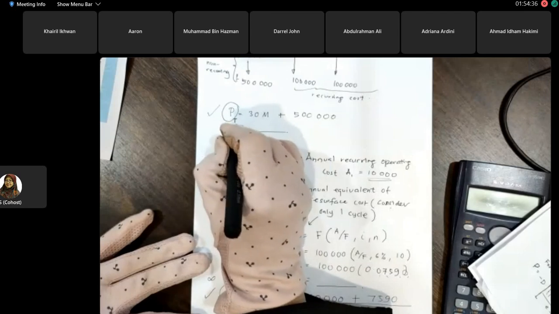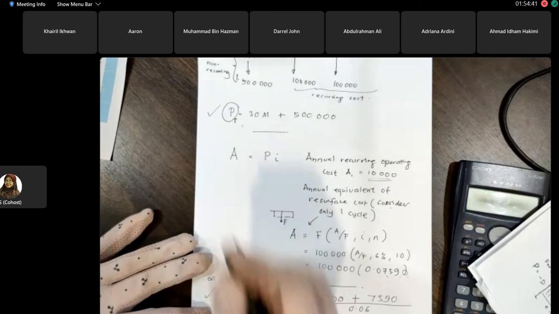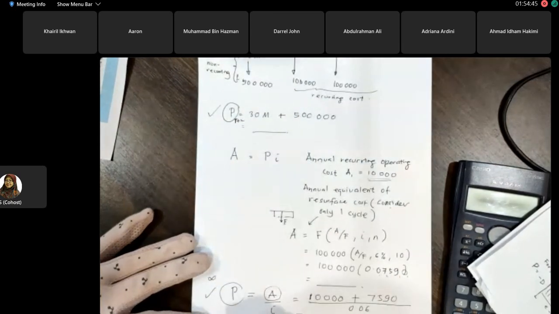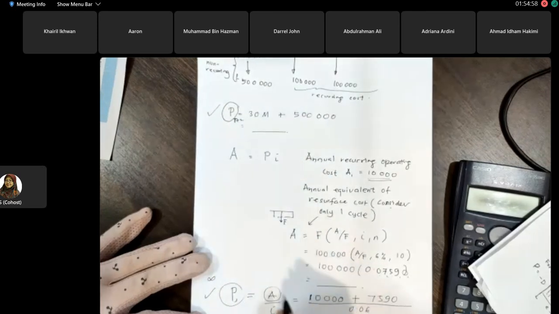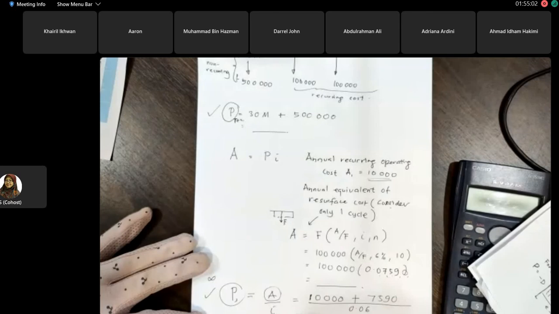P total, I don't want to play with symbols, P1 and 2. So P total is P1 and 2 plus this P, which we call P3. So you will get this 30 million plus 500,000 placed here, plus this one. Can you understand?